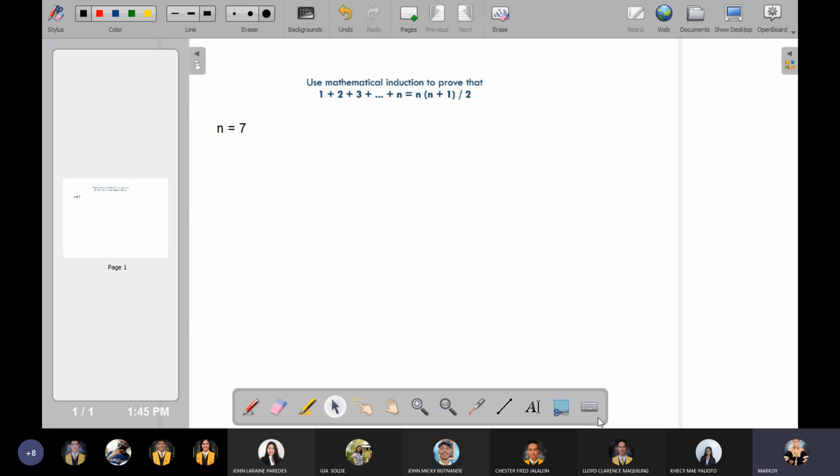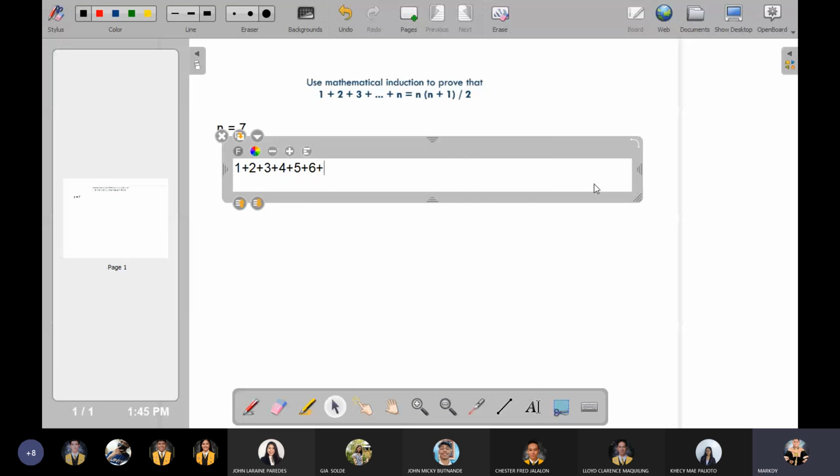Okay. So when n is equal to 7, the left side will go until 7. So all we have to do is 1 plus 2 plus 3 plus 4 plus 5 plus 6, then plus 7, since our n is equal to 7.